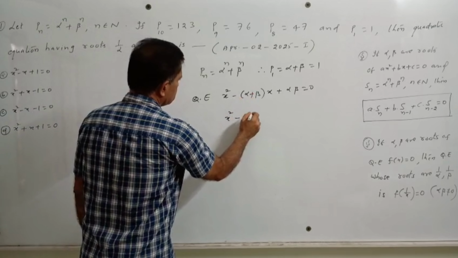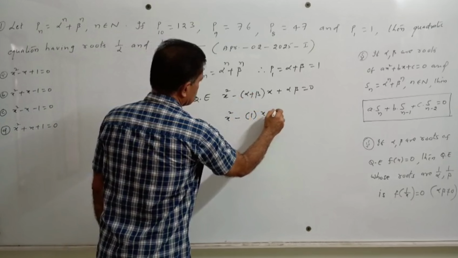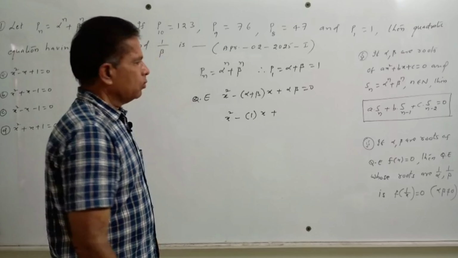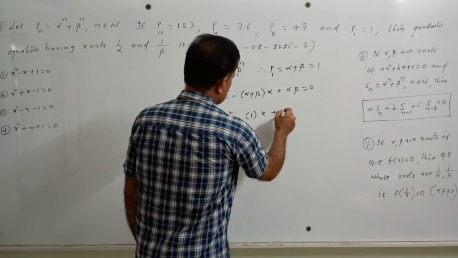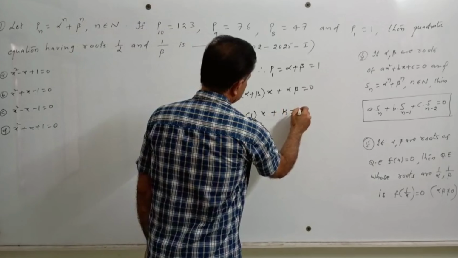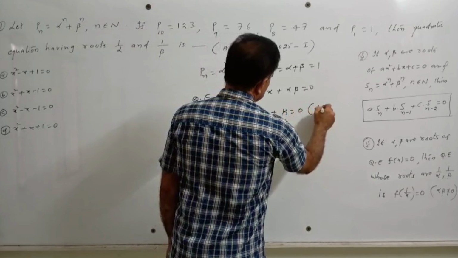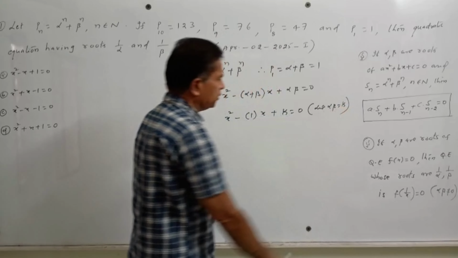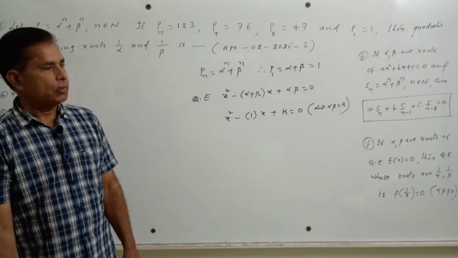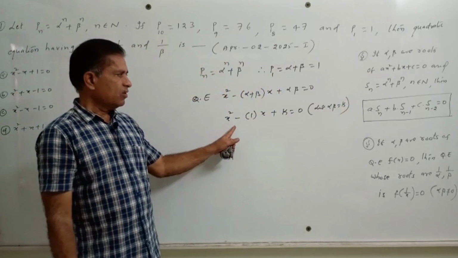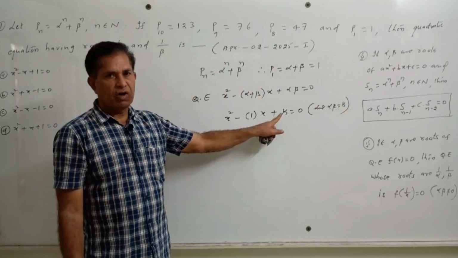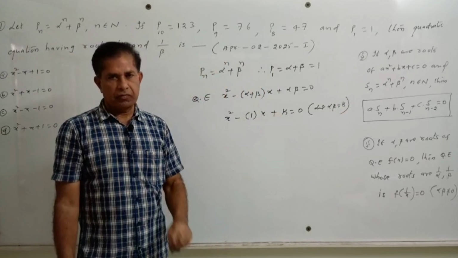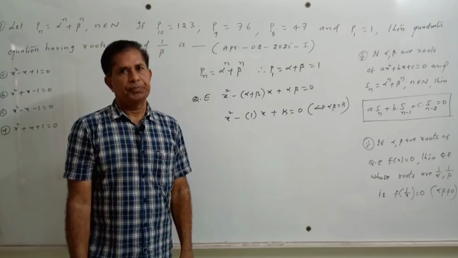For alpha plus beta I am writing 1 into x. Product of the roots is not known, so let us write k. There alpha beta is represented with constant k. So in this quadratic equation only one unknown k is there. We have to calculate k.